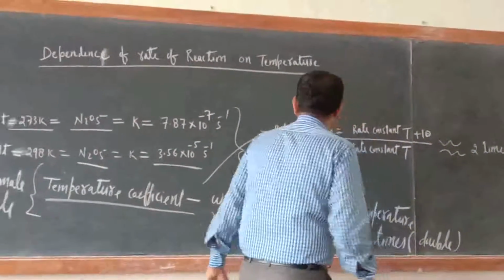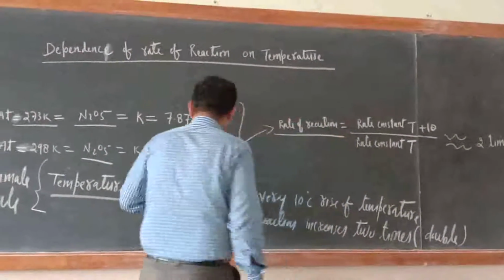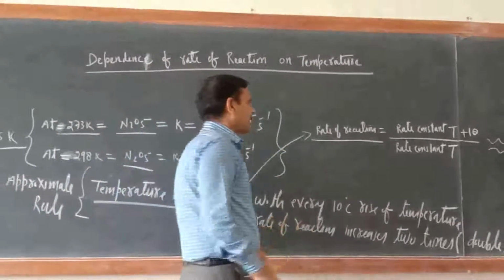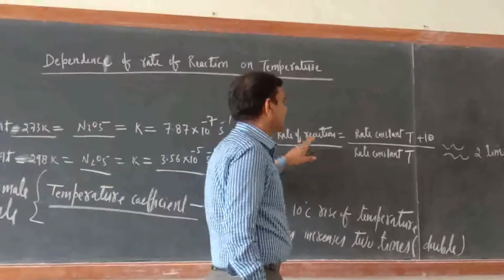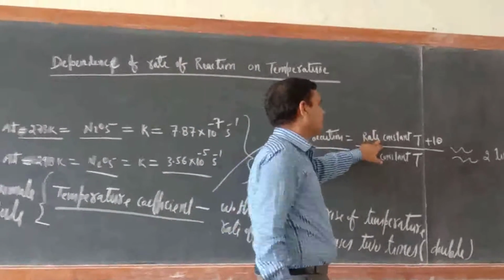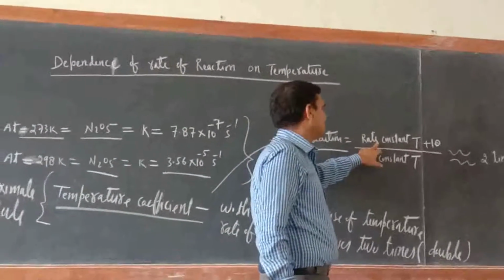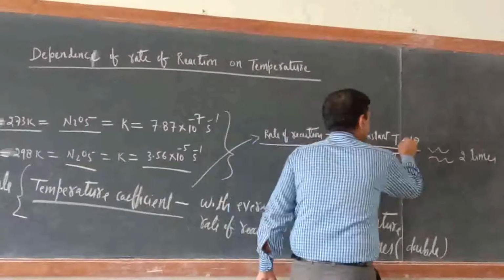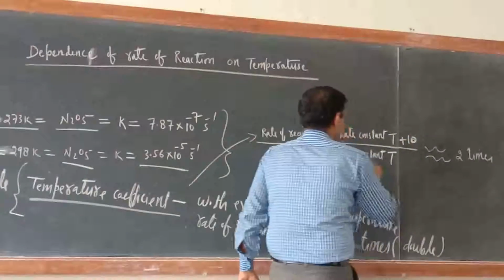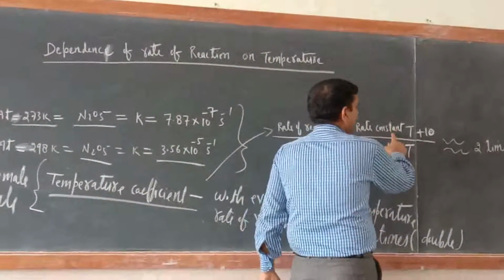So don't worry, this is the same thing which you have written here as a statement. Now I am writing it in the form of an equation. Rate constant T plus 10 means the rate constant value.